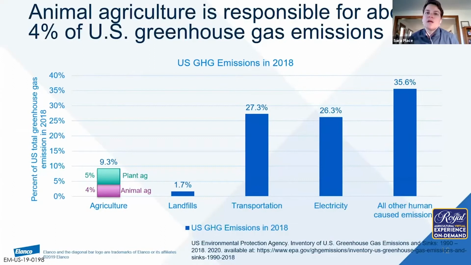In the United States, again, similar in Canada, similar in most developed countries, transportation and electricity produce far more of our greenhouse gas emissions. All other human-caused emissions, things like residential, right? Just earlier, I was sitting here and the oil company came and pumped oil into my house, right? So that's a definition of something that's probably not too sustainable.